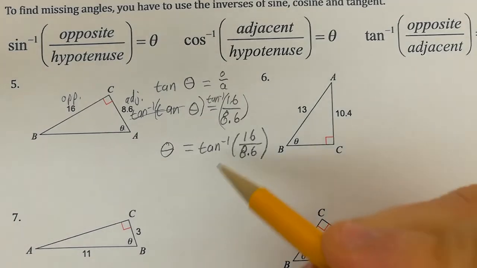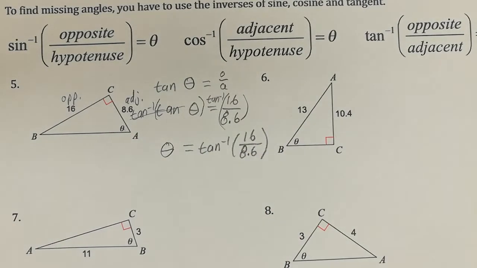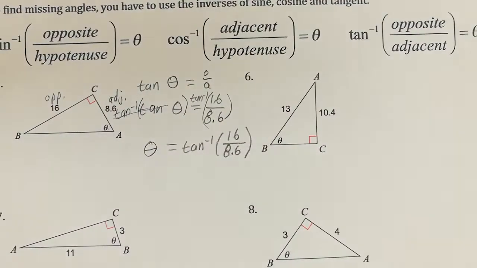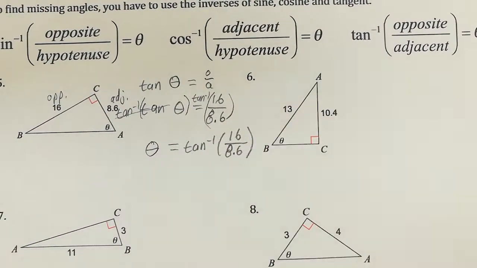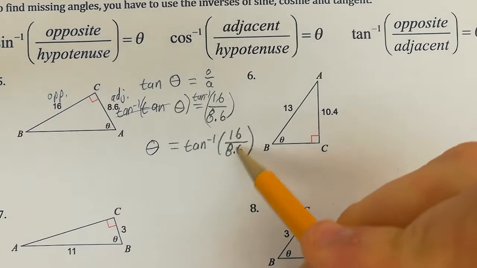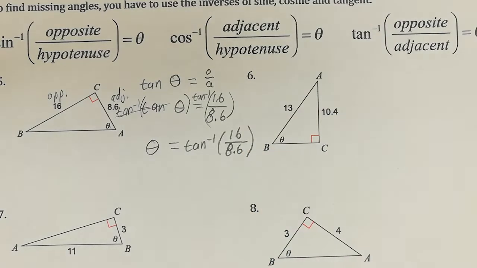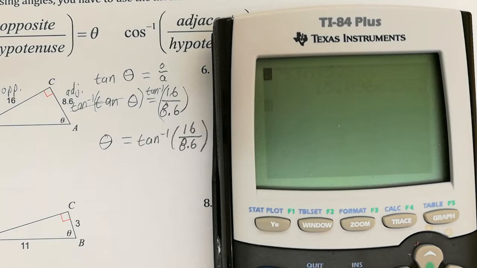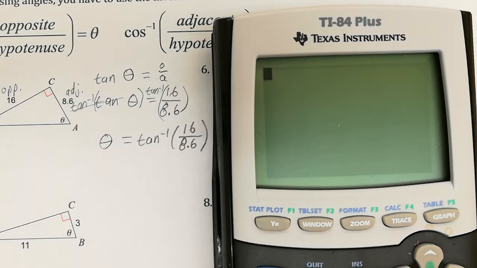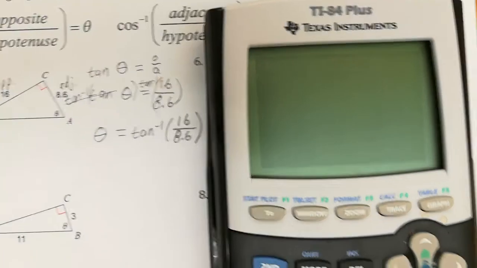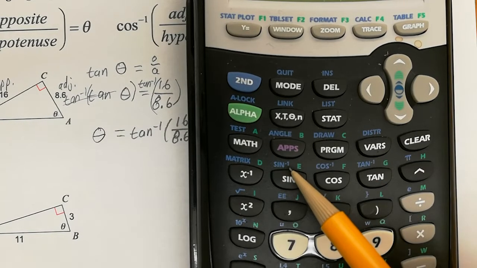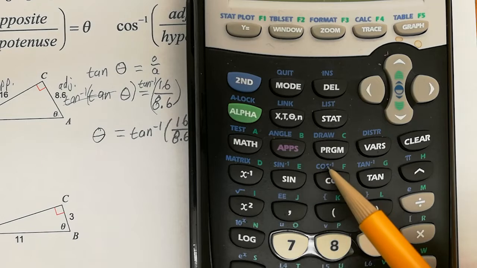Now, how the heck do you find this inverse tangent of something? Well, luckily your calculator has it built in. Basically, this is going to come out to some kind of ratio, and what we're asking for is what angle measure has this ratio. There's only one angle measure that has that tangent ratio. So we're going to go into our calculator now, and on your sine, cosine, and tangent buttons, it's a little hard to see, but you have the little sine to the -1, cosine to the -1.